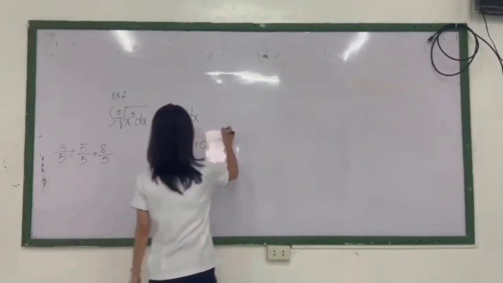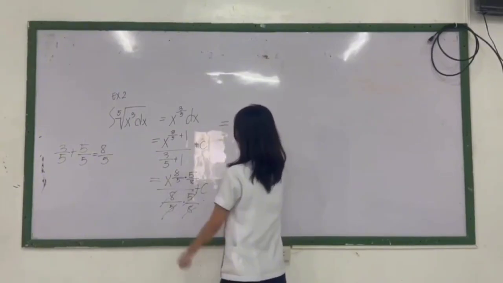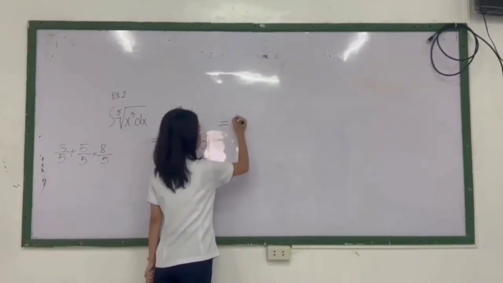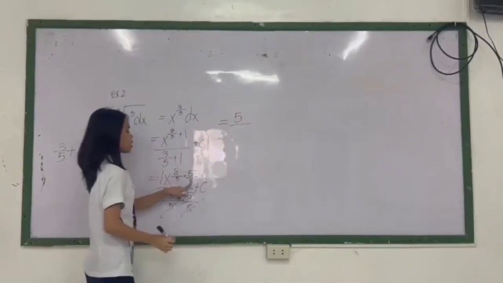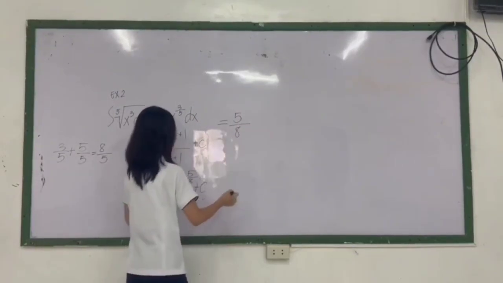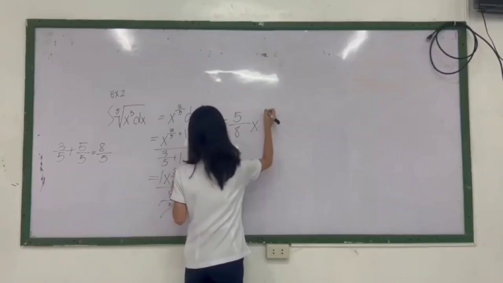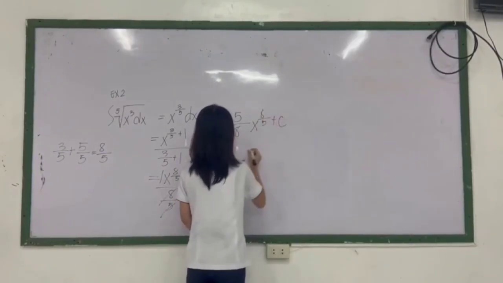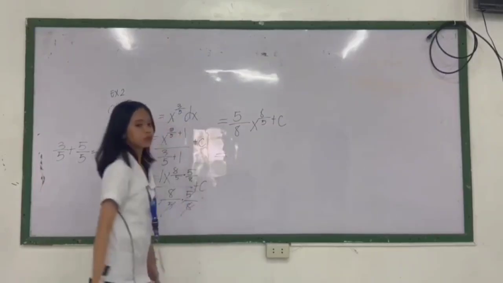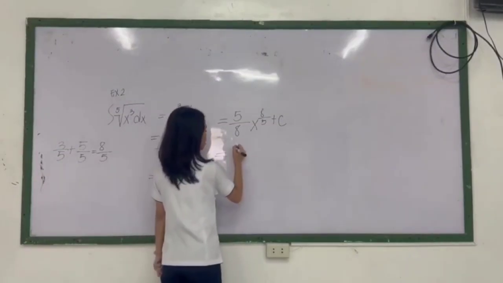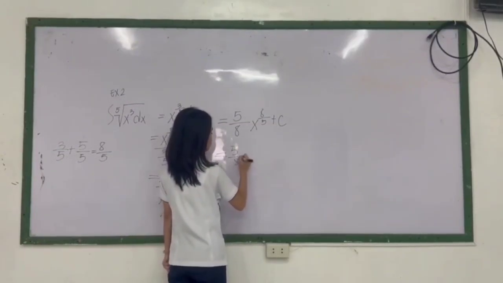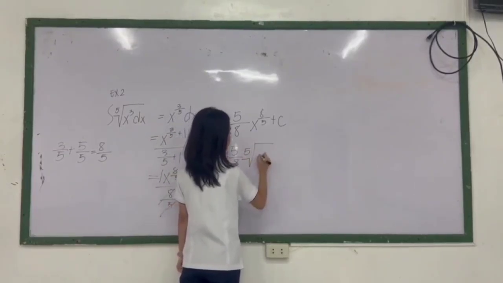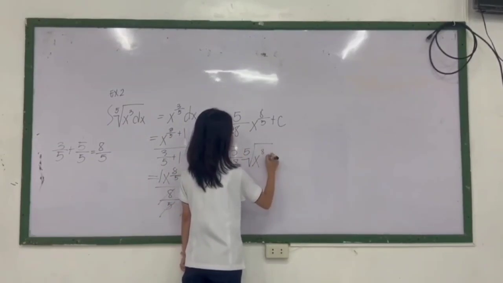And then our answer will be, since again there's 1 here, 1 times 5 is 5, 1 times 8 is 8, then copy x raised to 8 over 5, then the constant. If you want to change it back to radical form, copy 5 over 8, the fifth radical sign, x raised to 8, plus c.